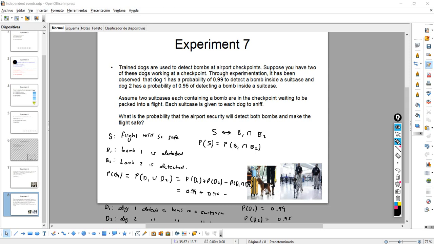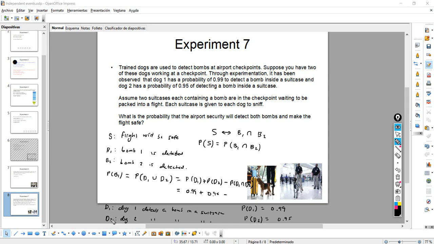Whether this dog detects the bomb in this suitcase, when you give the suitcase to this other dog, it's not gonna matter whether the first dog has already detected the bomb inside it or not. This dog works independently from this one, and so we can assume once again independence of events.